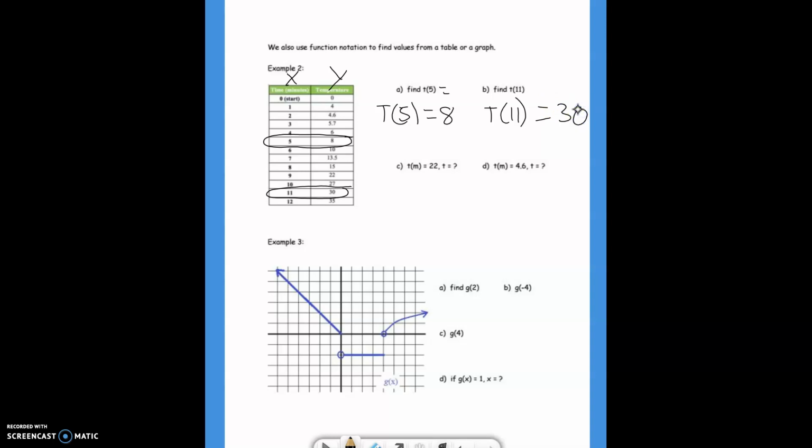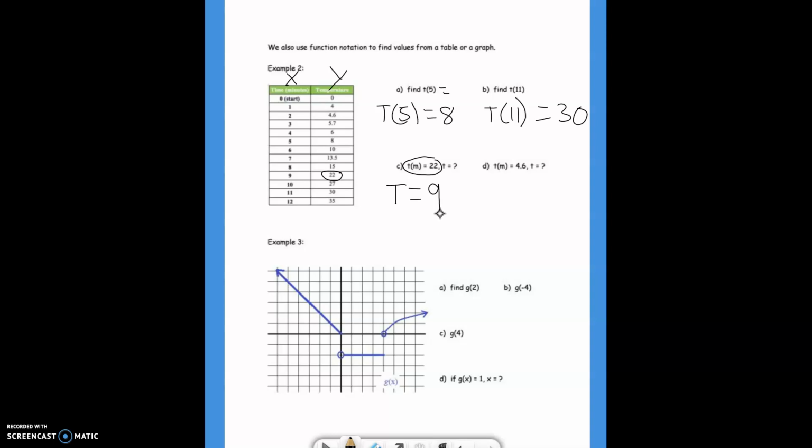All right. Now again, remember this is y, so we're going backwards. So now for this one, we're going to look for T of M, 22. So when the temperature is 22, the time is 9 minutes.